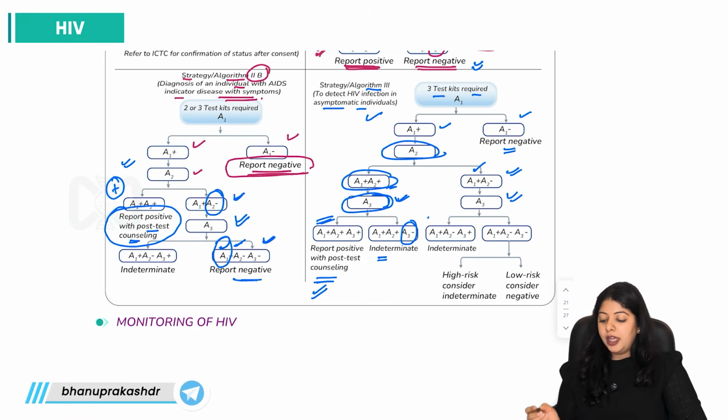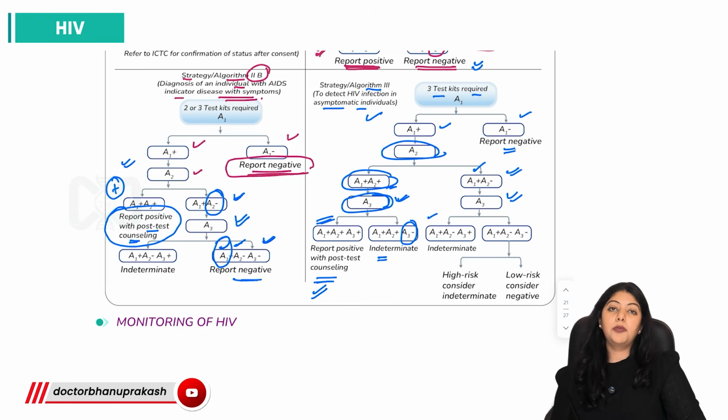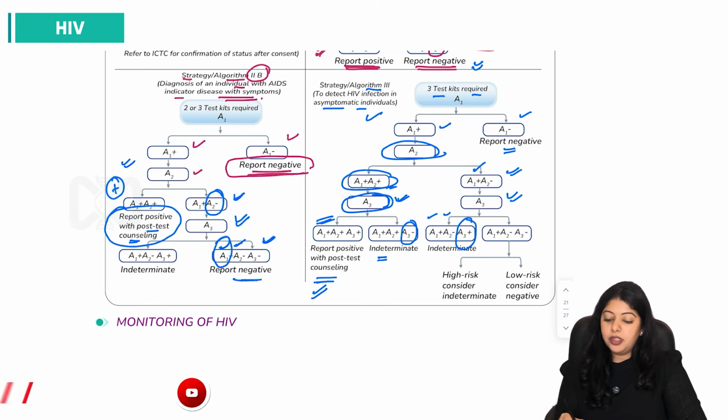So now what is the indeterminate result and what is the positive, or whether it is going to be a high risk case or a low risk case. So if the first test is positive and the second test was negative, and if the third test also comes out to be positive, we will still consider it as indeterminate.